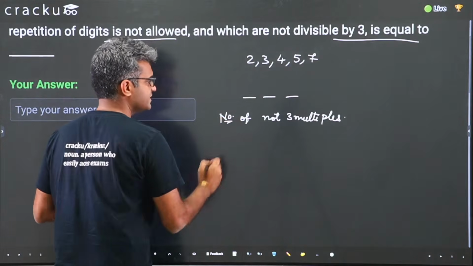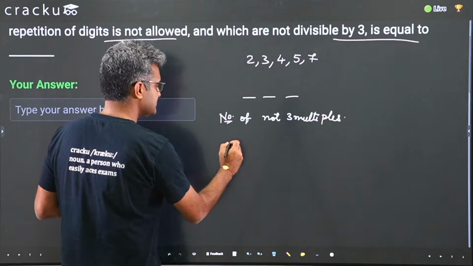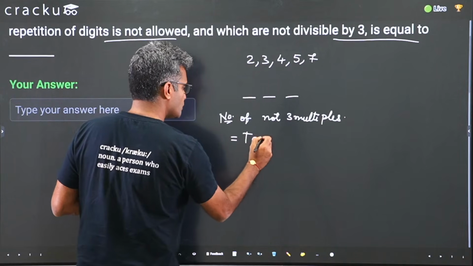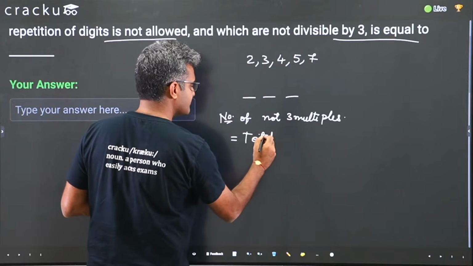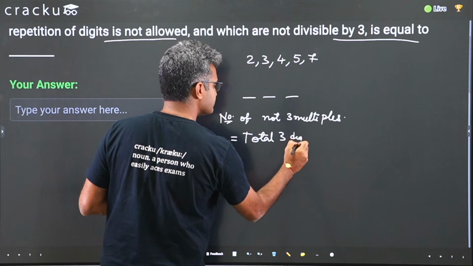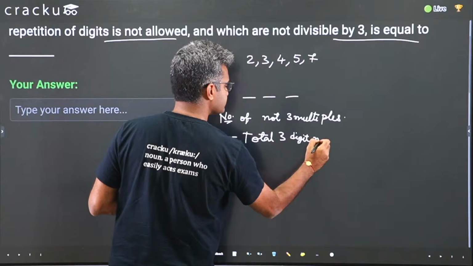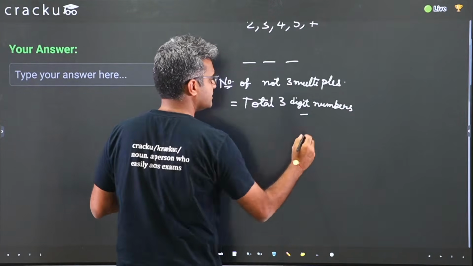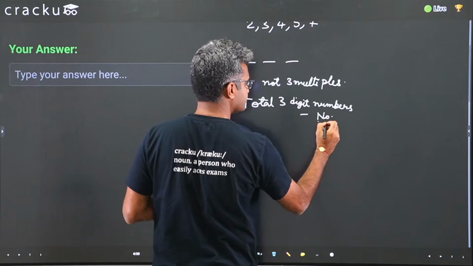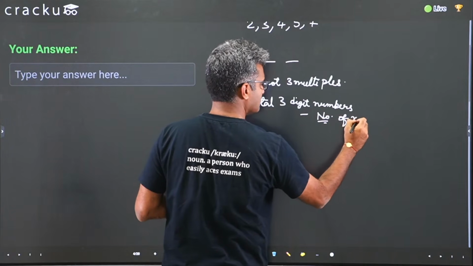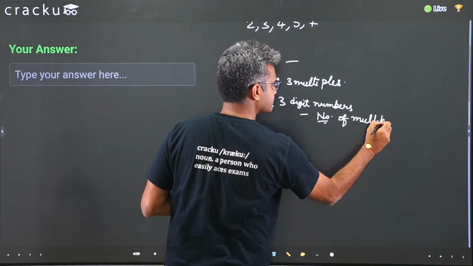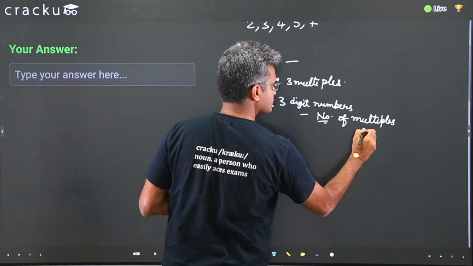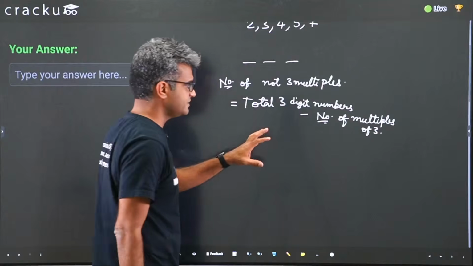Number of numbers which are not multiples of 3 is equal to the total 3-digit numbers that can be formed, and from this subtract the number of multiples of 3. That will be the answer.